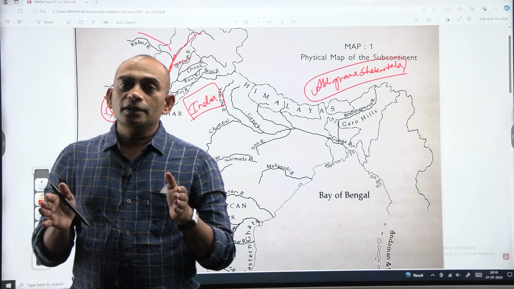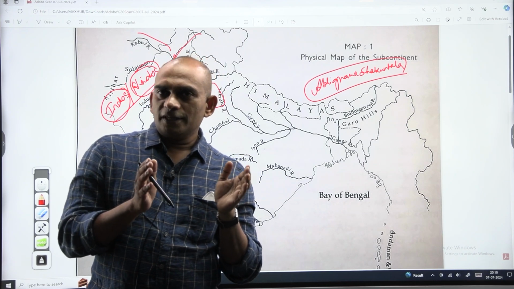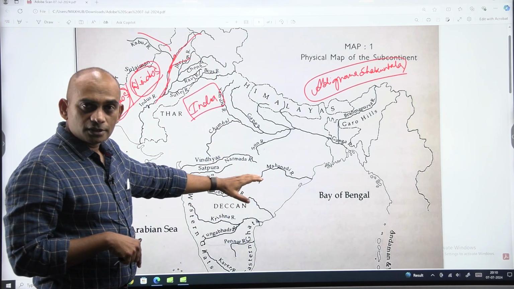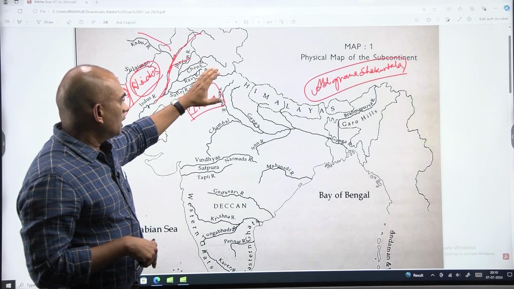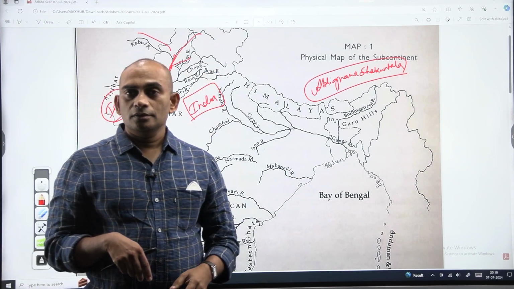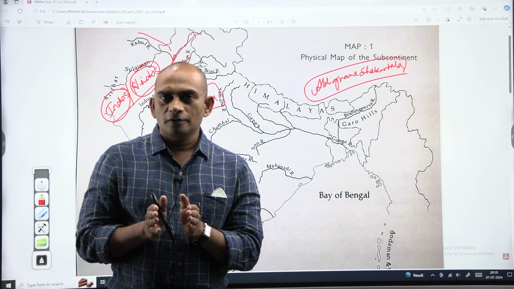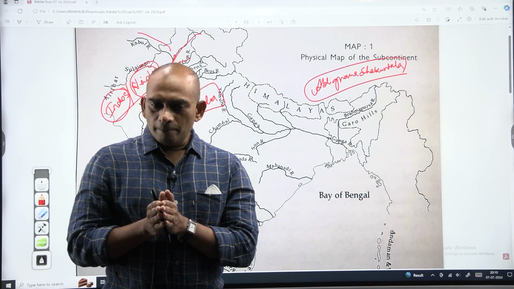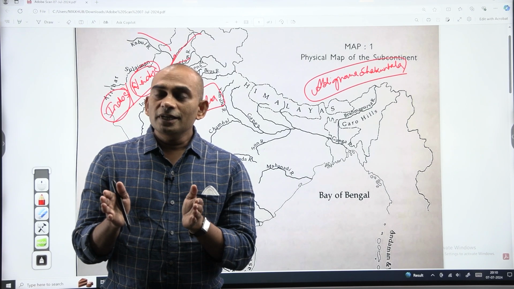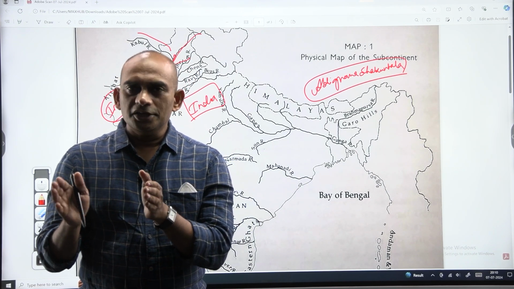Now, if we look at the other important aspect in this chapter, rivers, desert, and mountains, all these are barriers for any traveler, because traveling those days was totally dangerous.